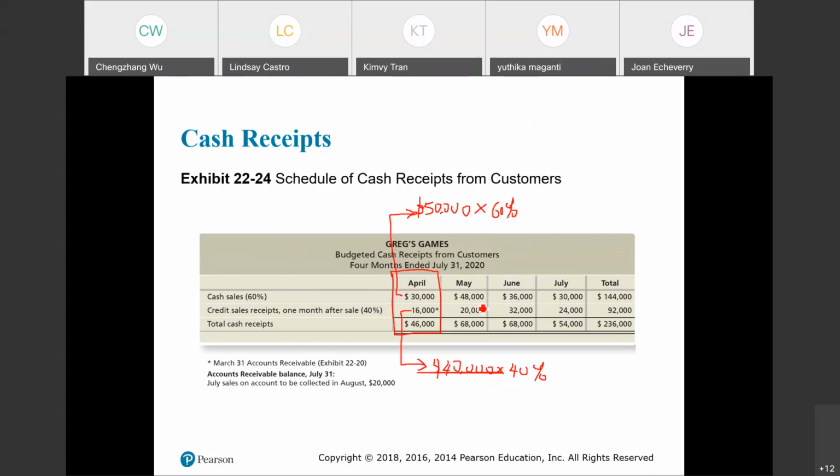That is, in total, $68,000. Well, this is the cash receipt. So here, let's assume the only source of cash receipts is from customers' sales.